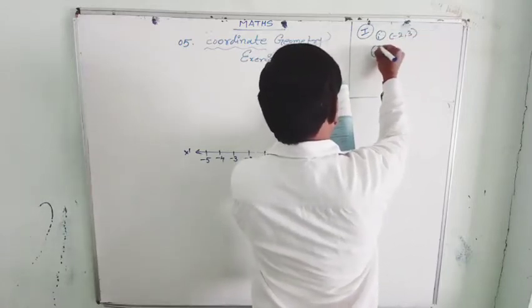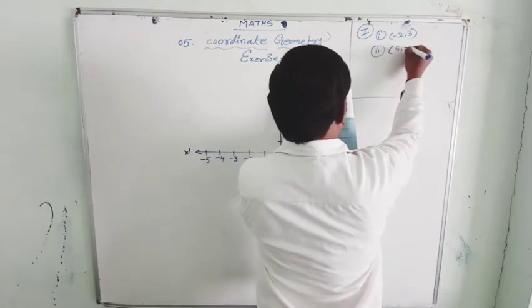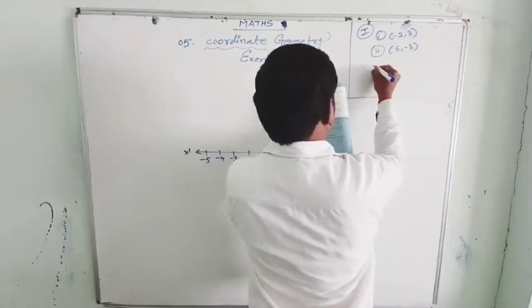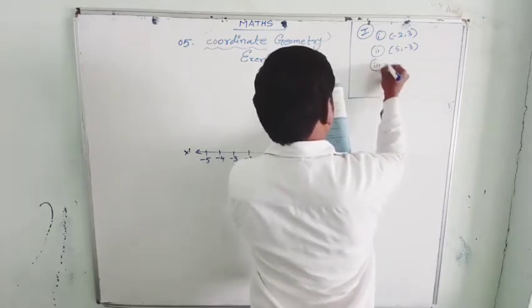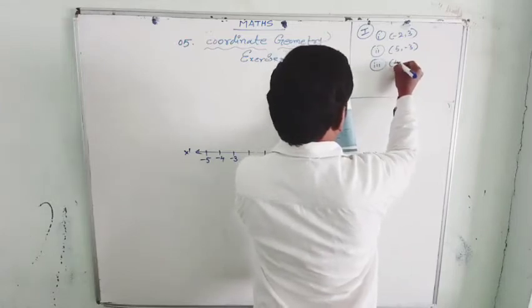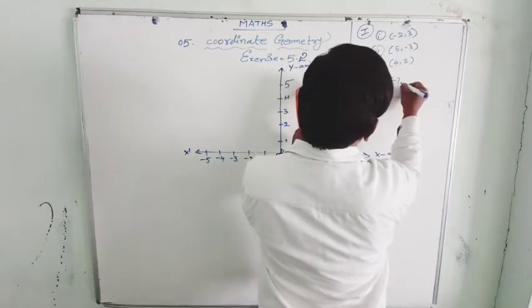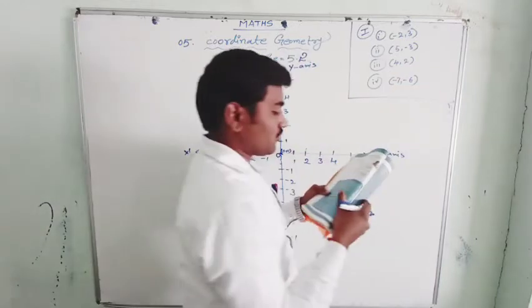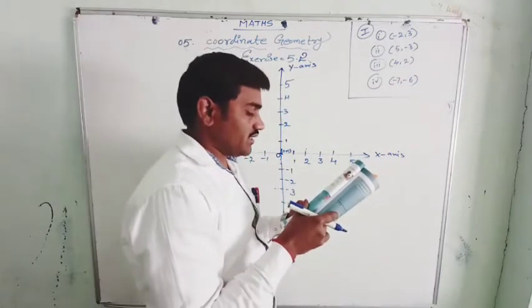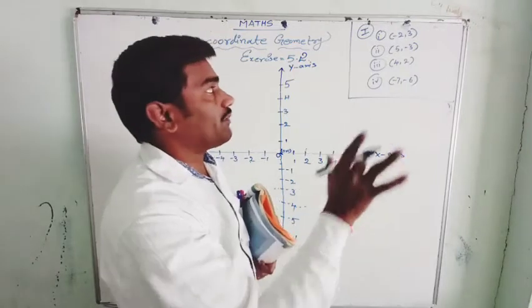Question number 2, 5 comma minus 3. Question number 3, 4 comma 2. And question number 4, minus 7 comma minus 6. Here I have written 4 questions. There are 8 questions in total. Let's see one by one now.